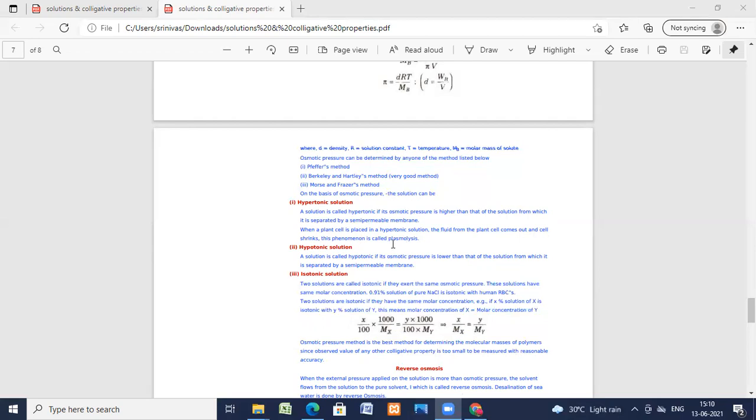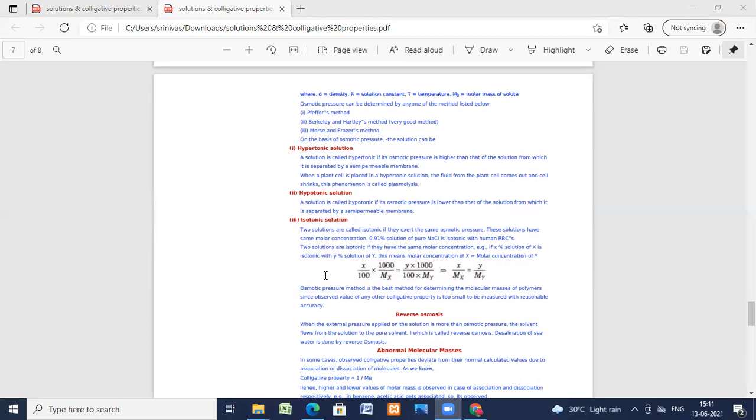Okay, and hypotonic: the solution is called hypotonic if its osmotic pressure is lower than that of the solution from which it is separated. So what are isotonic solutions?